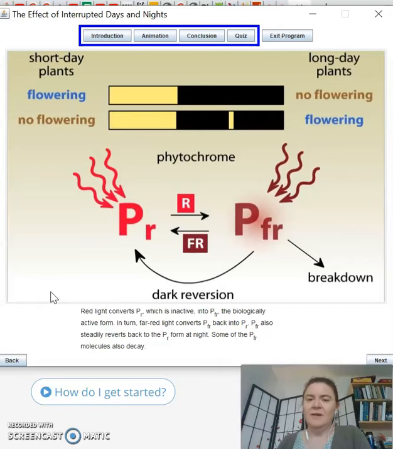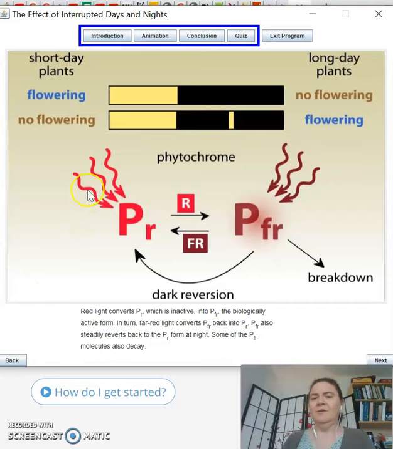In turn, far red light converts phytochrome far red back into phytochrome red. Also, phytochrome far red steadily reverts back into the phytochrome red form at night when there's no light. Some of the phytochrome far red molecules also decay.